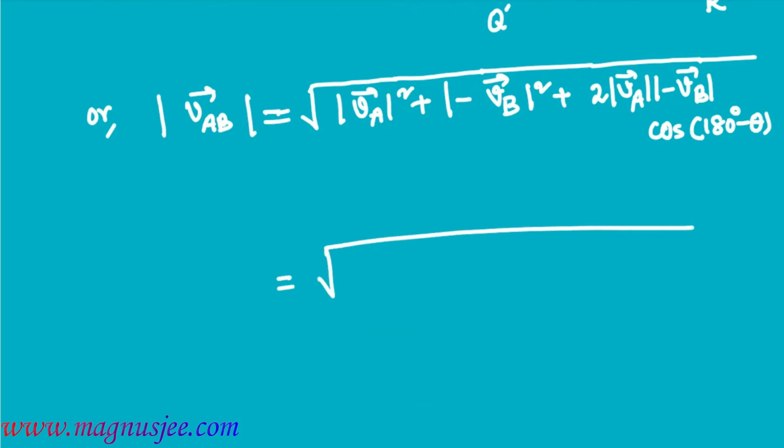Mod vector VA square is only VA square. So mod of minus vector VB is VB only. So that's why VA square plus VB square plus 2 VA VB cos 180 degree minus theta.